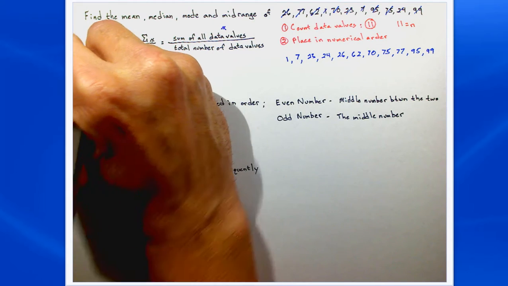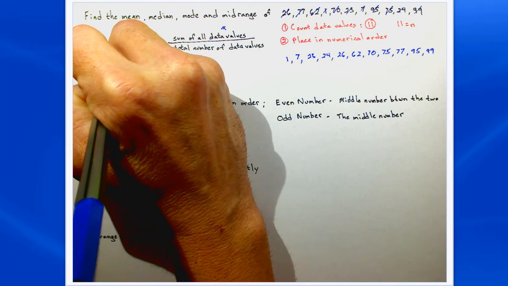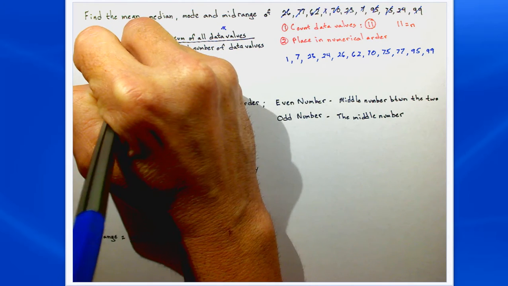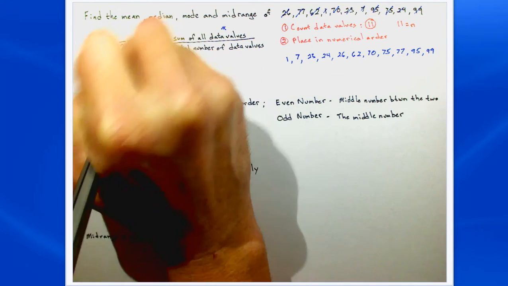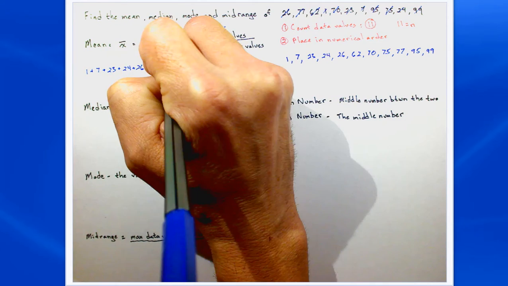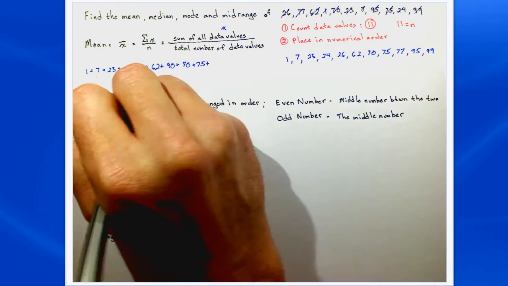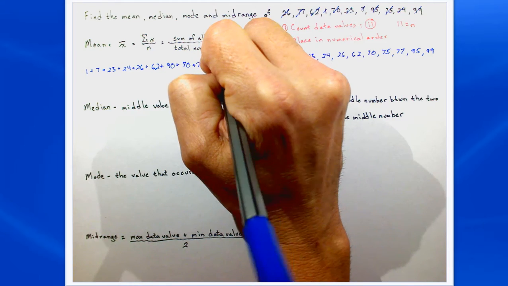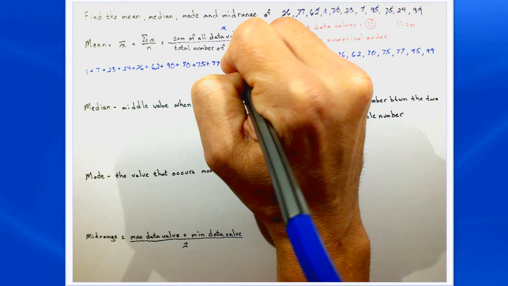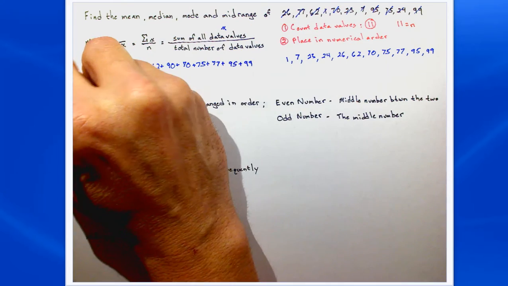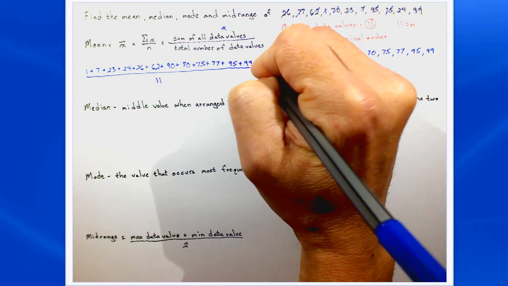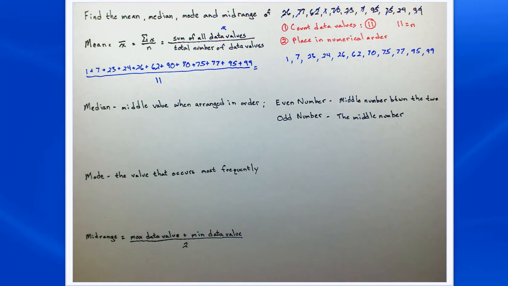So what I have is 1 plus 7 plus 23 plus 24 plus 26 plus 62 plus 70 plus 75 plus 77 plus 95 plus 99, all of this divided by 11. Okay, and then the one thing to do is to make sure that whatever your data value is that you have to input, you make sure of that whenever you write down your answer.